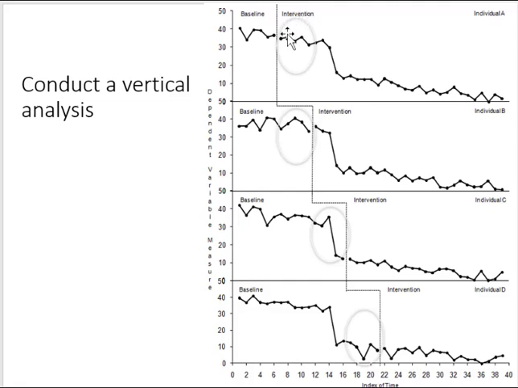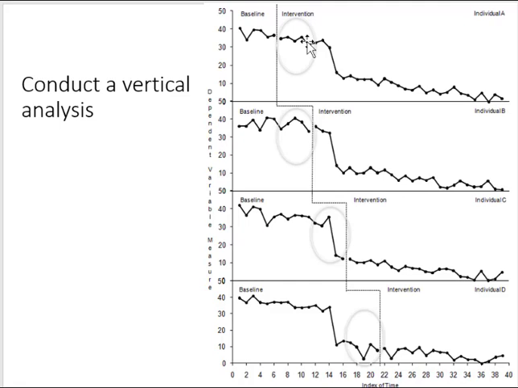So I'm looking for a shift in the pattern from baseline to intervention. At that point that the first tier is in intervention and the other tiers are still in baseline, what I'm looking for is a stable pattern or a contratherapeutic pattern.